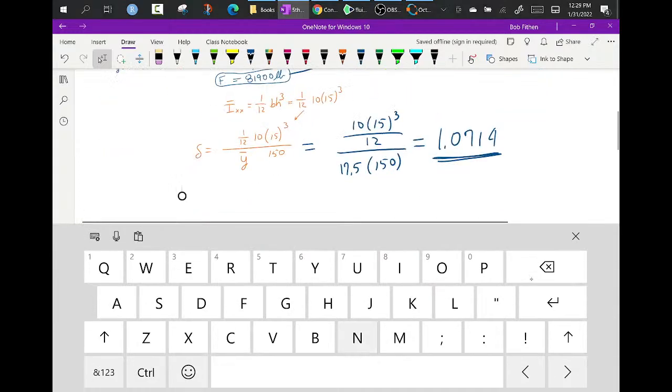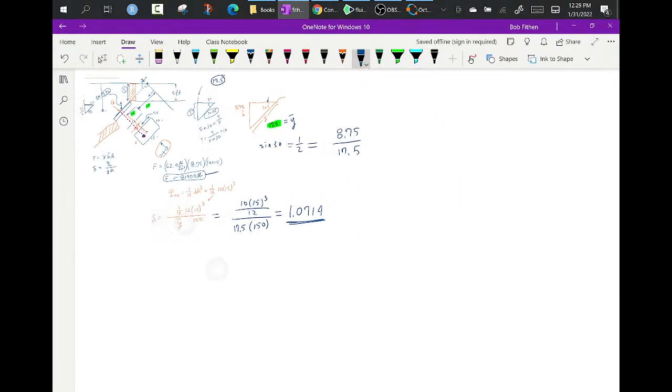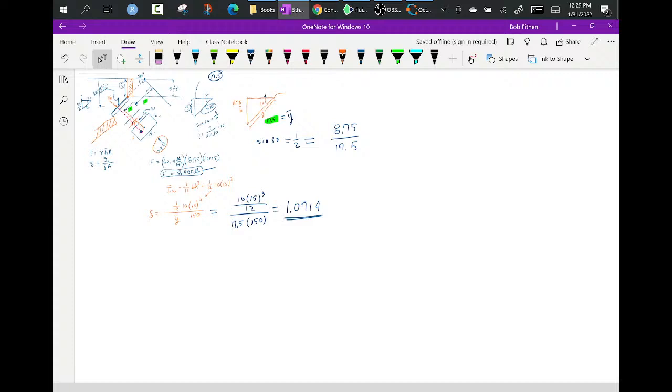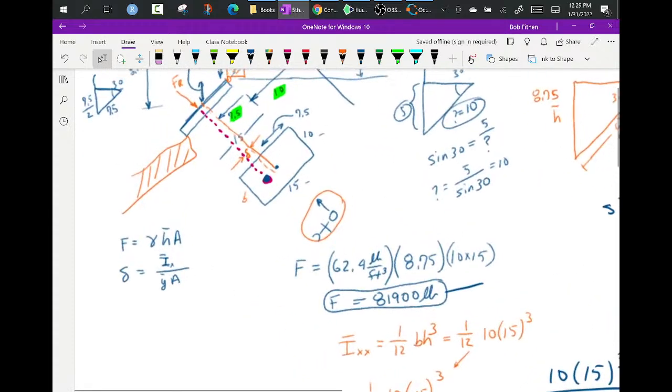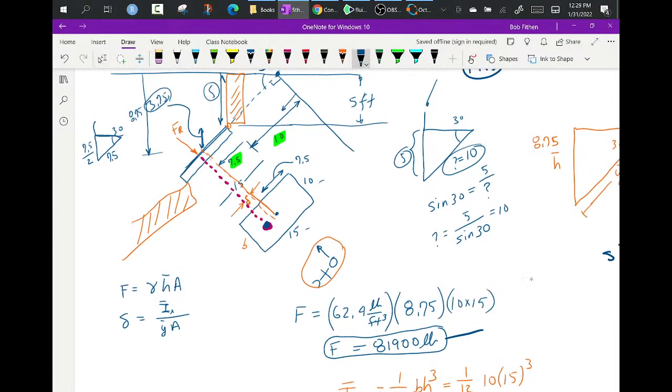How is that helpful for you? Well, if you redid this and you made it so that you were wanting to know the force being held by this little concrete piece right here, and you said that's a hinge, then the hinge force would be here, but you could sum the moments about it.